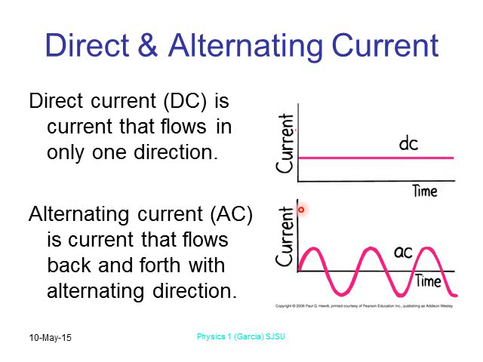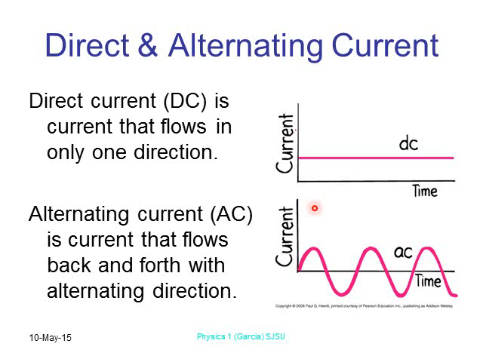Over here, what's actually happening to each individual electron is it's just going back and forth. It's a pull and a shove and a pull and a shove. And that pull and shove is enough to give us power to run stuff. The electrons never actually go anywhere. They're just oscillating back and forth.